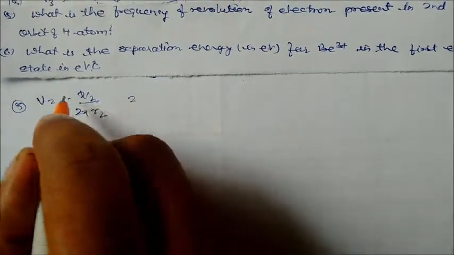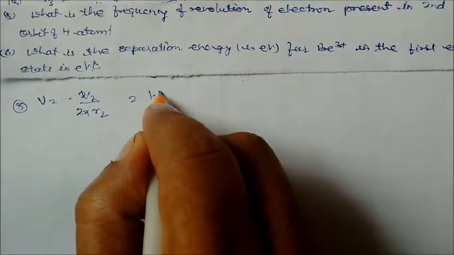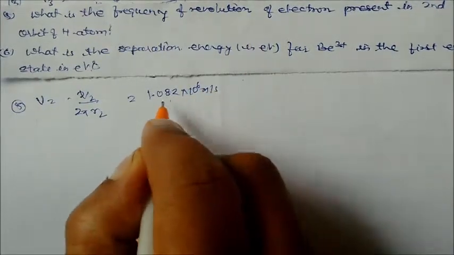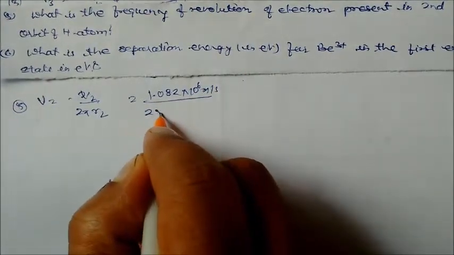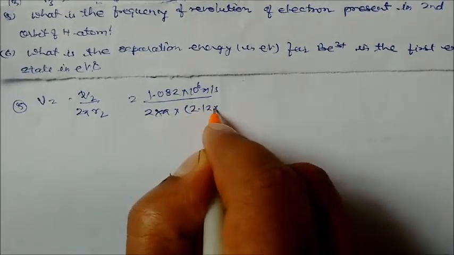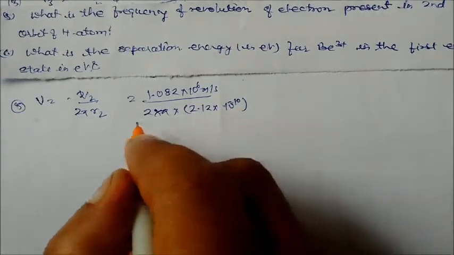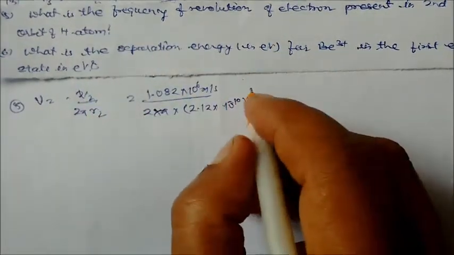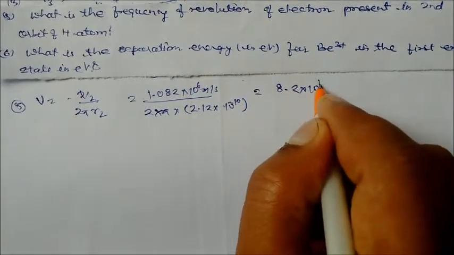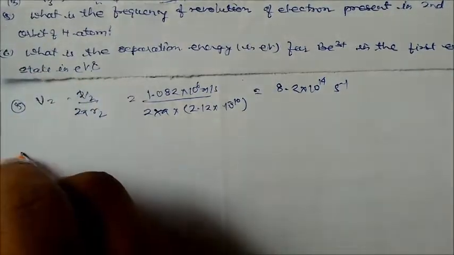The velocity of the second orbit is given as 1.082 times 10 to the power 6 meter per second, divided by 2 times pi times 2.12 times 10 to the power minus 10, which is the radius of the second orbit of hydrogen. On solving, we get 8.2 times 10 to the power 14 per second. This is for the fourth question.